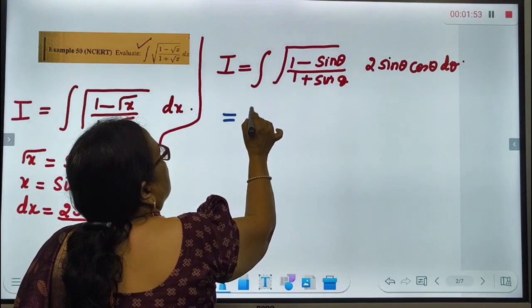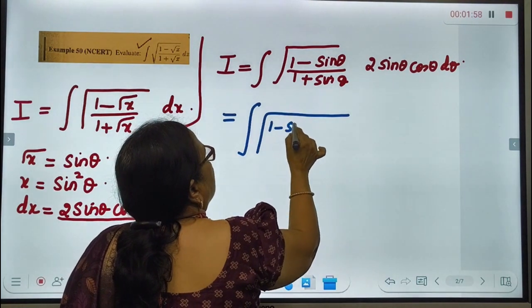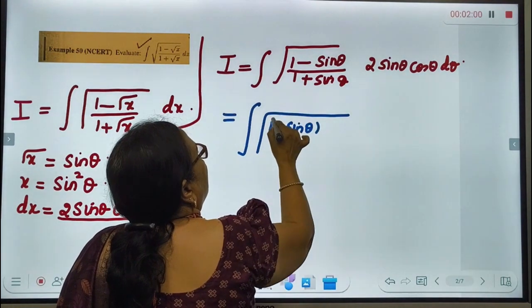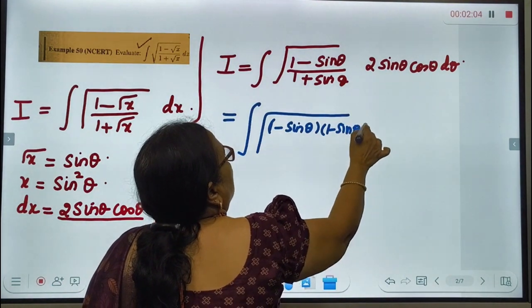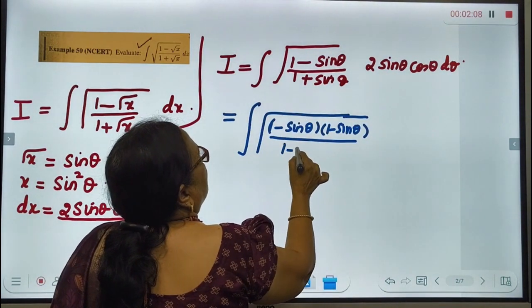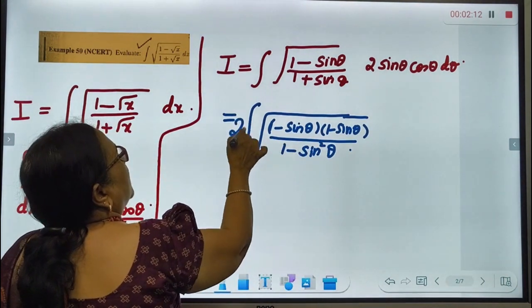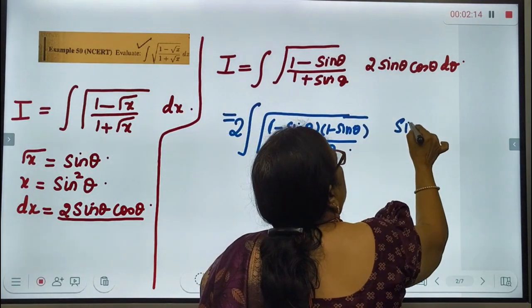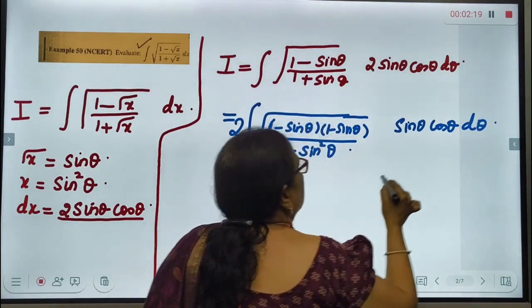Now this is root of 1 minus sine theta over 1 plus sine theta. I am multiplying and dividing by the conjugate of the denominator within the root. So I will get (1 minus sine theta) into (1 minus sine theta) divided by 1 minus sine square theta. 2 I can take outside, giving you sine theta cos theta d theta.